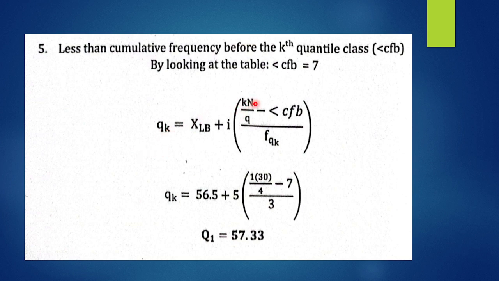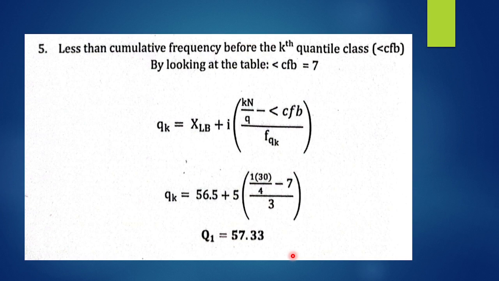And then N, the N is 30, the total number of frequency, all over Q, that is definitely 4, because this is quartile, minus the less than CFB, that is 7, all over FQK, which is the frequency of the quantile class, which is 3. All right, so after substituting it here, do the math, then we get 57.33. So the answer for our quartile 1 is 57.33.